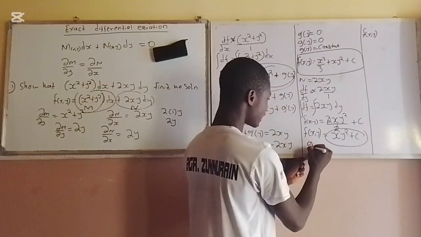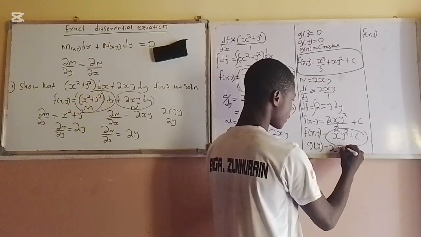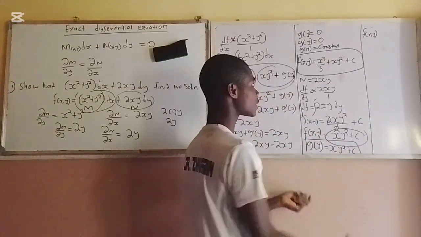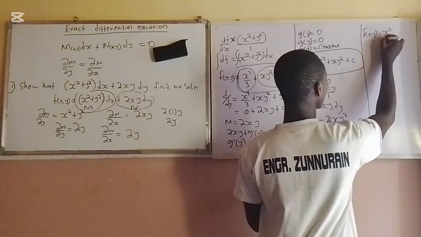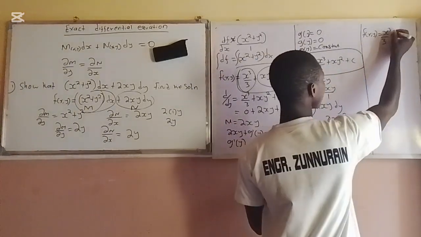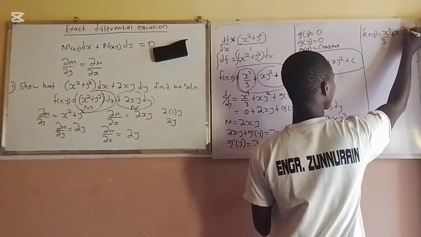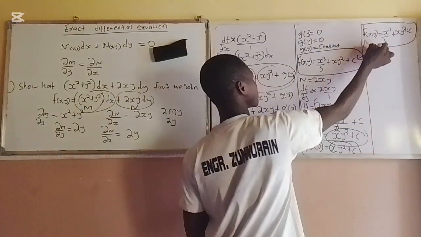So this is the same thing as saying the g of y, which should now be equal to xy squared plus constant. So therefore it's the same thing as saying x cubed divided by 3 plus this, which is xy squared plus c.